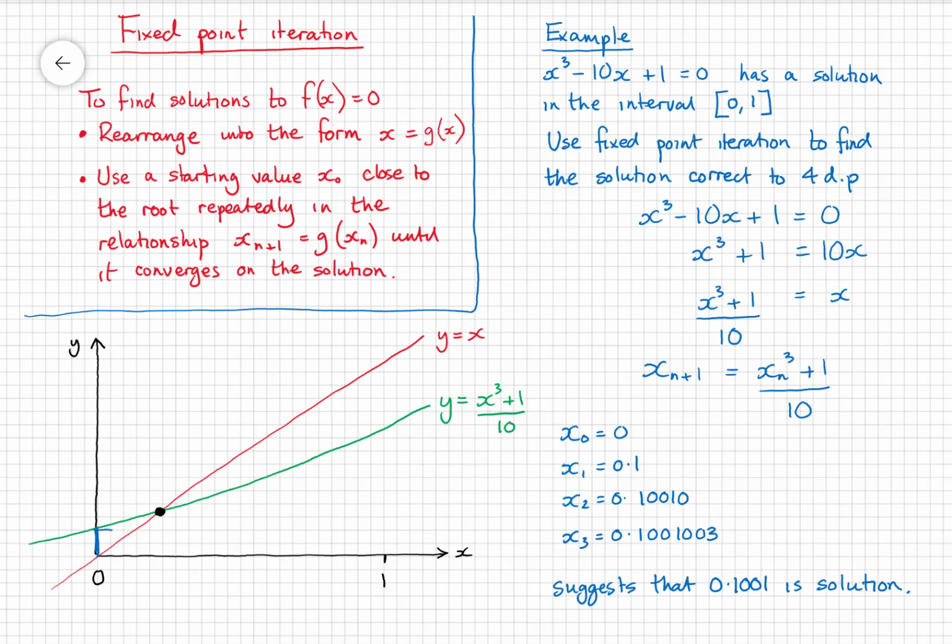Any point along that red line y equals x, the y-coordinate is the same as the x-coordinate, and so here will be x1, which we then put into g of x again, and that produces another coordinate x2, and you can see that we're getting progressively nearer to the correct solution. This is called a staircase diagram.